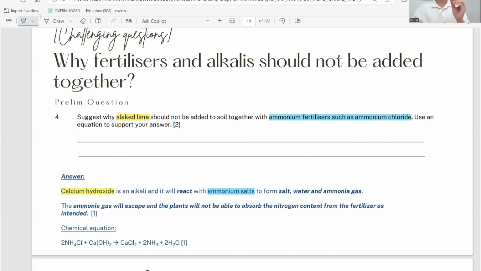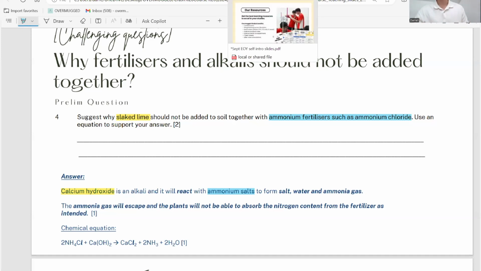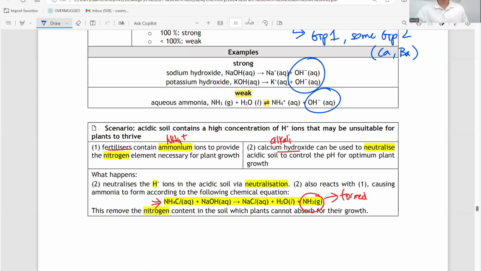Okay, so what I want you to do here is to recognize this question when it appears, and also going back to your notes, I want you to see how this is being covered in your notes as well. So let me toggle back to your revision kit. Over here, the scenario is you have acidic soil, unsuitable for plants to thrive. So what do you do? Firstly, you add in fertilizer that contains ammonium because your plants need nitrogen to grow well.